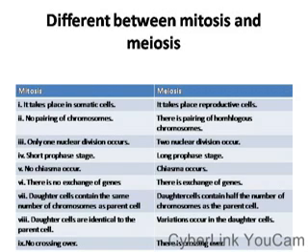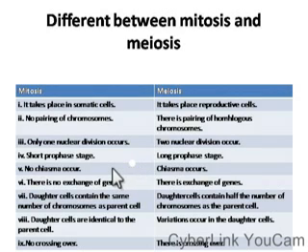An example of a body cell is skin. Number 2, pairing of chromosomes. There is no pairing of chromosomes in mitosis, whereas there is pairing of homologous chromosomes in meiosis. In mitosis, only one nuclear division takes place, but in meiosis, two nuclear divisions take place.